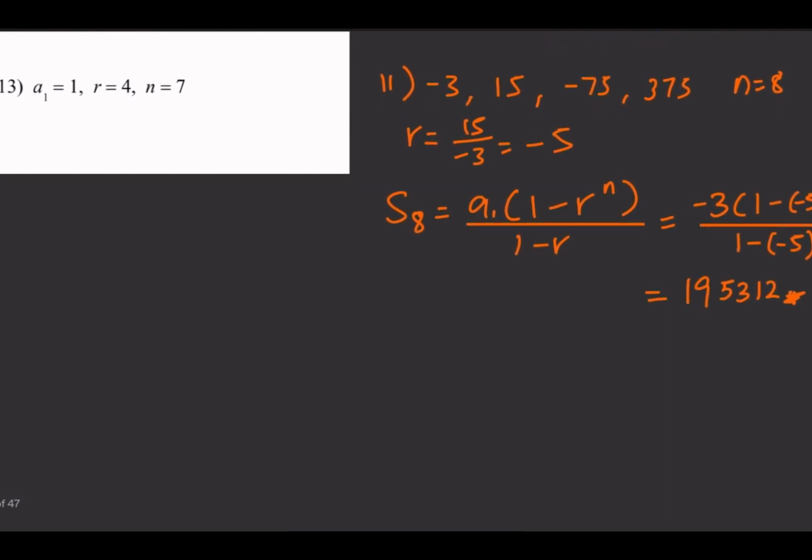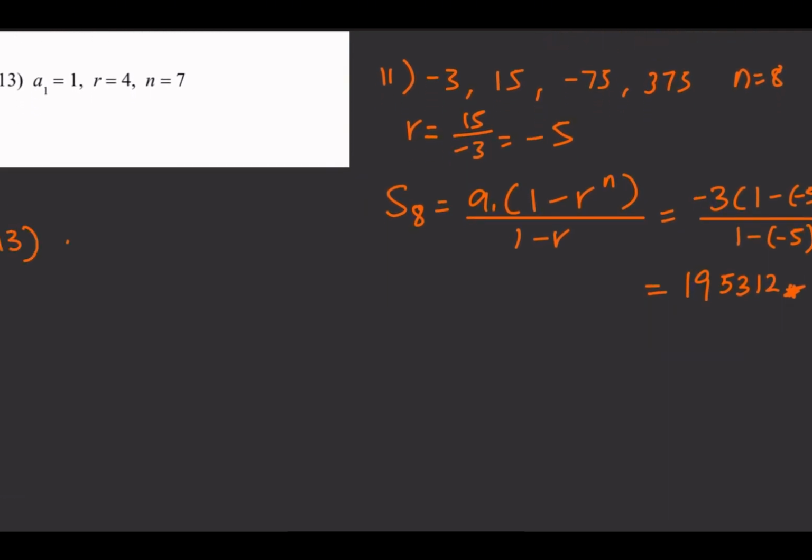Moving on, 13. We get A1, first term is 1, ratio equals 4, n equals 7.